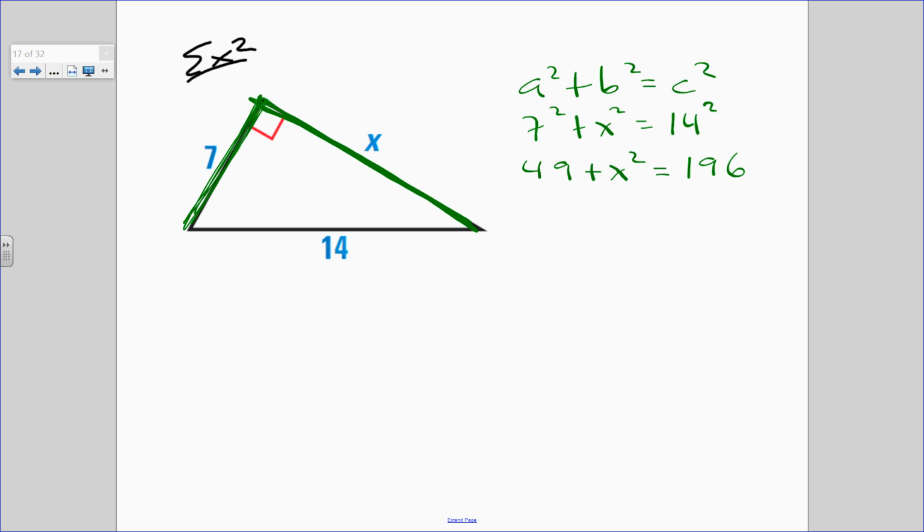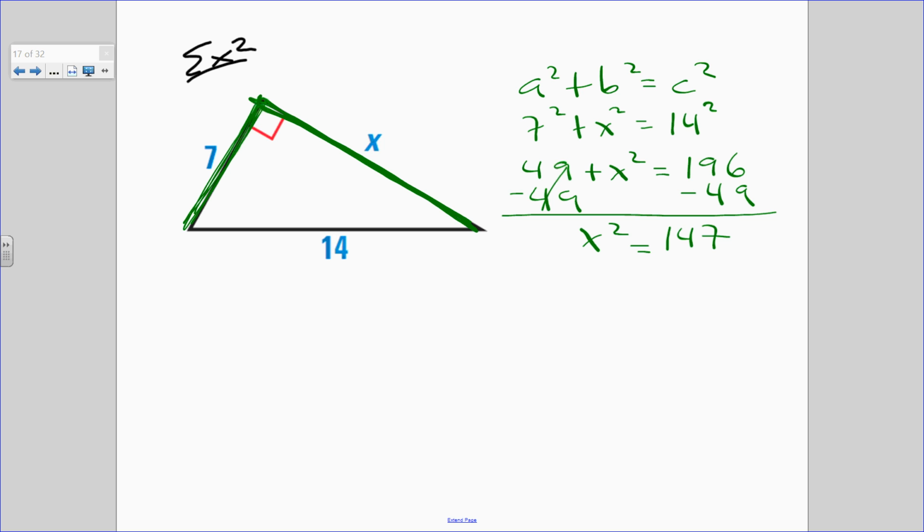Moving right along. Let's isolate x. We've got to get rid of 49, so subtract 49 from both sides. Cool. x squared is 147, I heard. I'm really bad at mental math, forgive me. All right, let's get x by itself now.